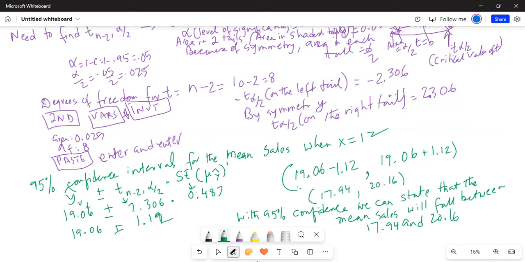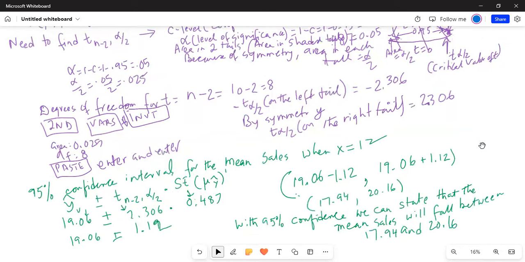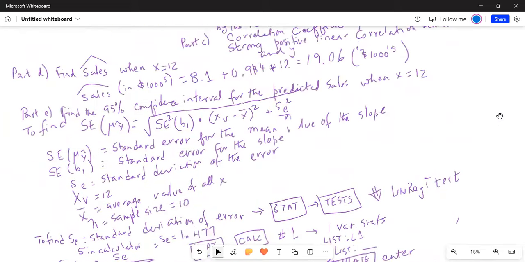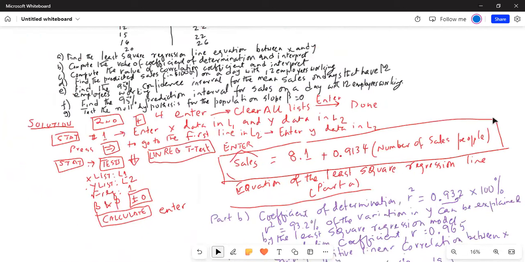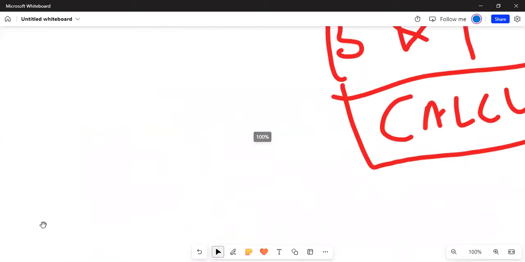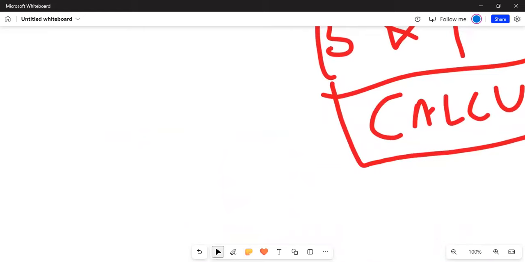Okay. So if I go up a little bit, I believe that was part E, 95% confidence interval. And the other one, part F, find the 95% prediction interval for sales on a day with 12 employees. Okay. So that is slightly different. We have done part E. Now we are going to do part F and then part G. I have to reduce that.